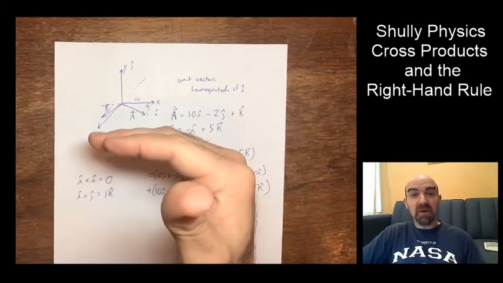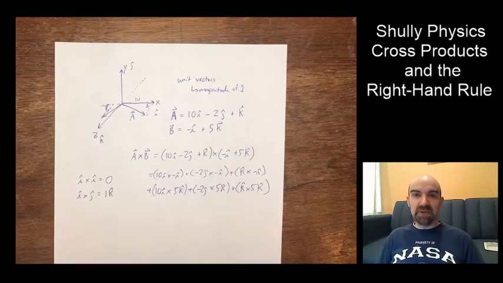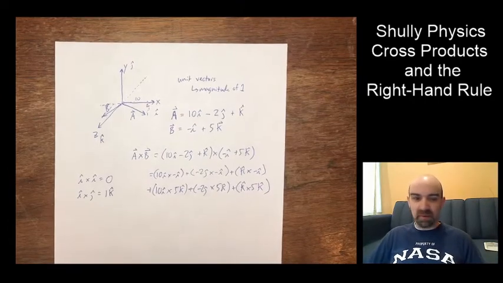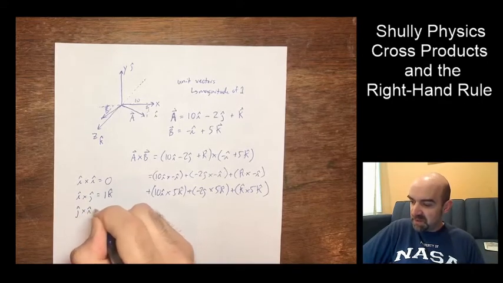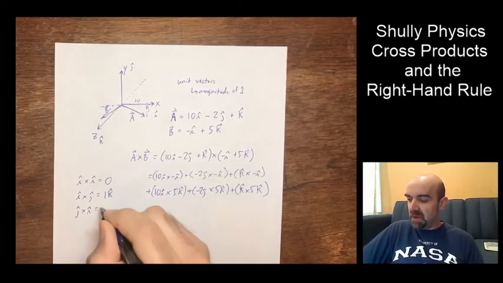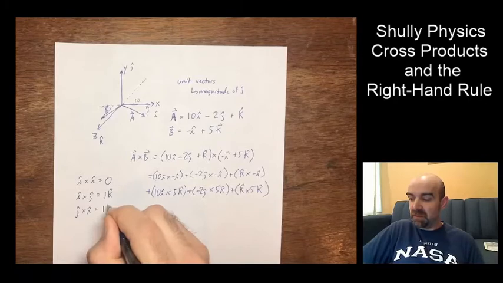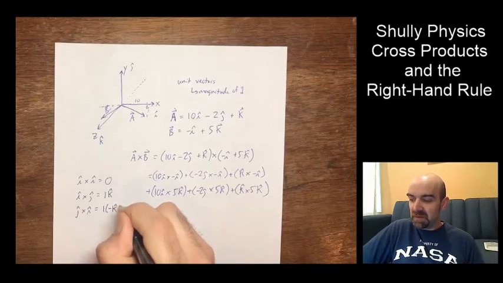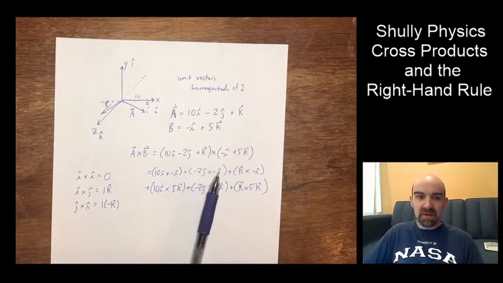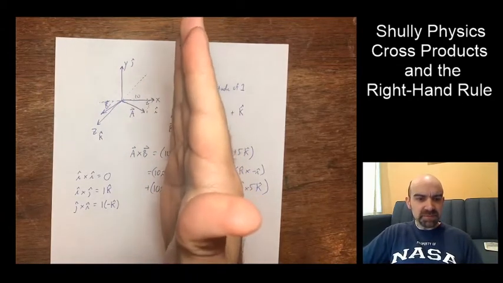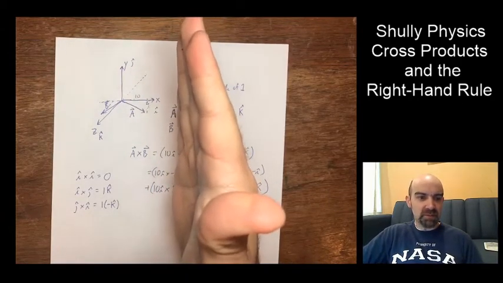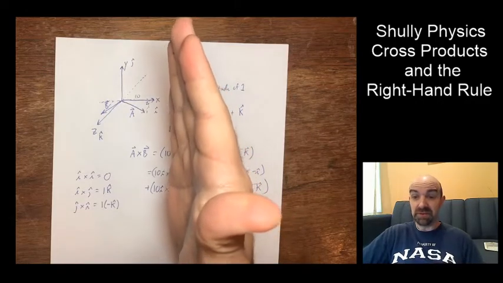So what if I crossed j cross i, go backwards? What if I went backwards with that? j cross i. That would also have a magnitude of 1, but it would be in the negative k direction. You see, if I take my right hand, and this is still the x direction, but I want to now point it in the direction of j.